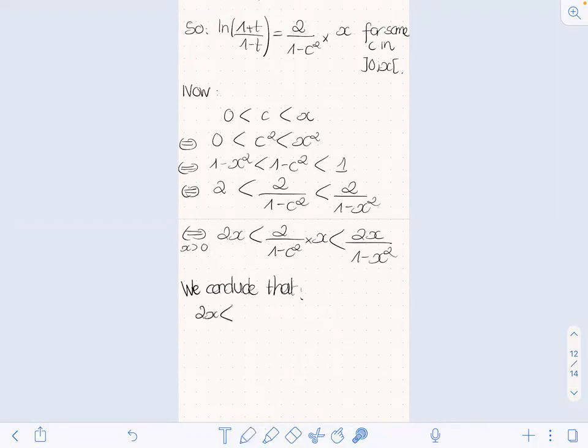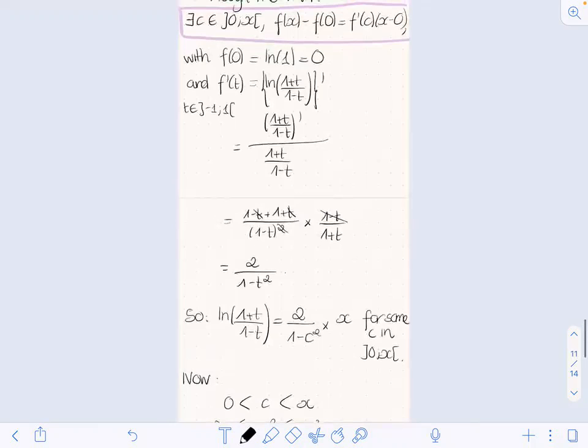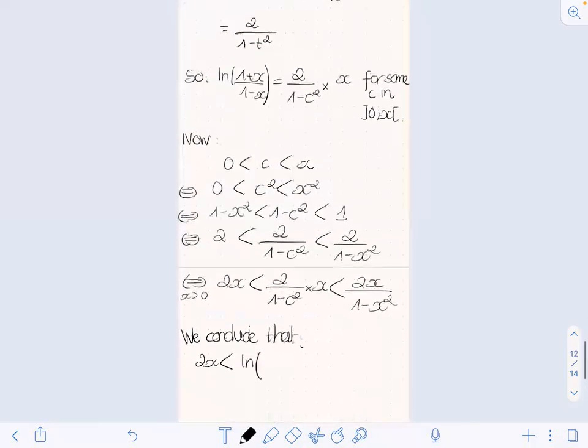Absolutely, yeah. We've got the equality here above, and we've got this term here. So we've got 2x smaller than logarithm of, that should be 1 plus x, so 2x smaller than logarithm of 1 plus x divided by 1 minus x, smaller than the term on the right-hand side.